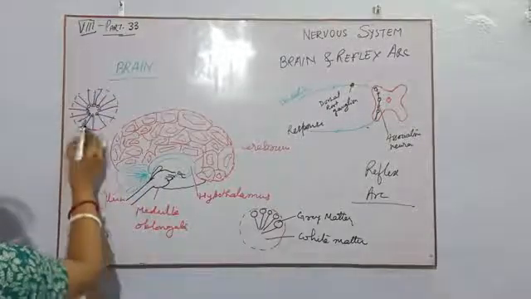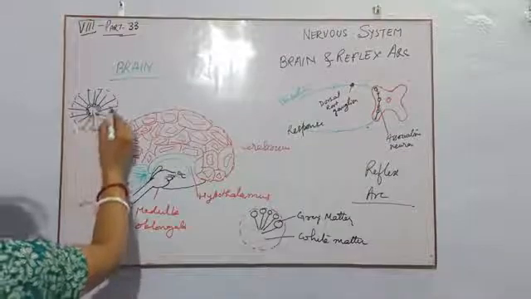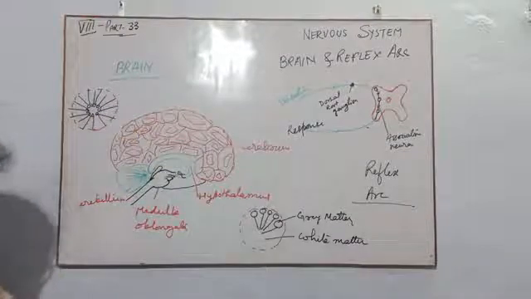This is the grey matter because these are the cyton, and this is the white matter, this is the axon.